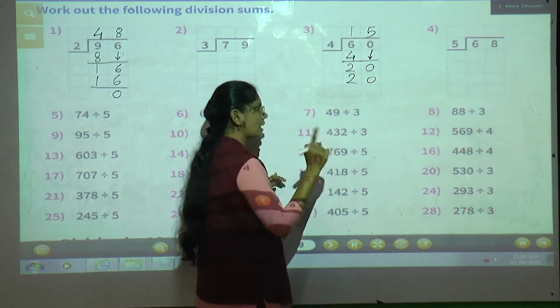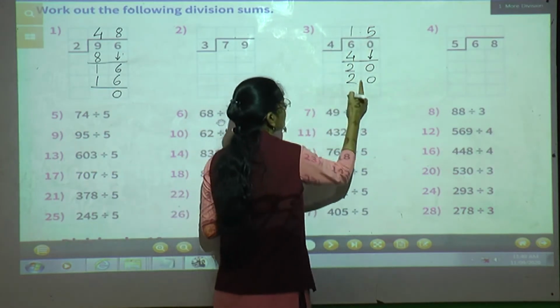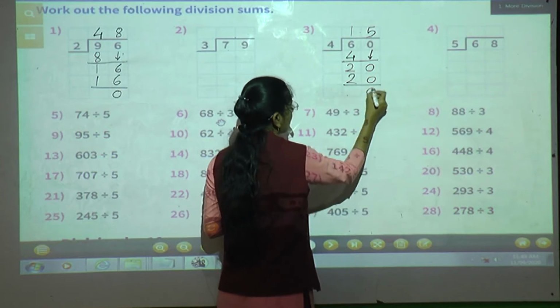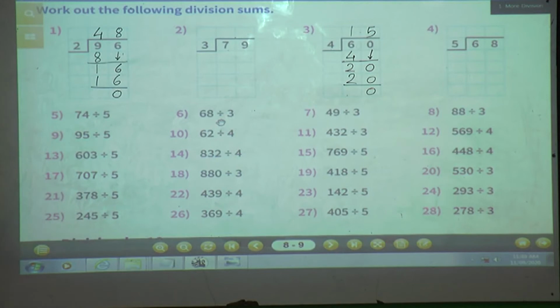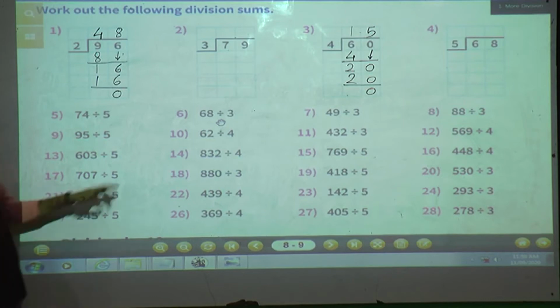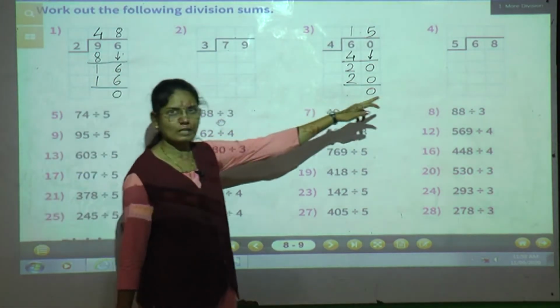You have to say and then write 4 5s are 20. Now 20 minus 20, 0. Okay, clear this example? 60 divided by 4 is equal to 15. So quotient is 15 and remainder is 0. Okay, now in this way only you have to solve this second and fourth example.